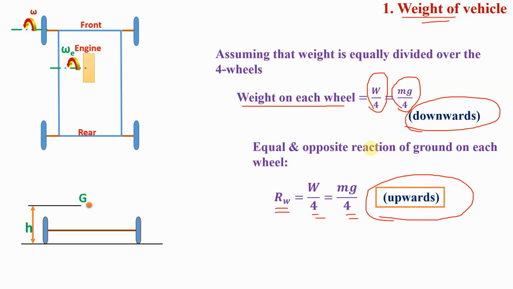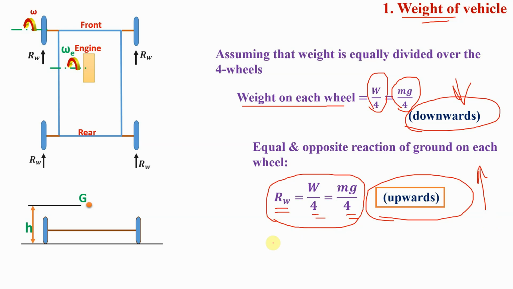The force exerted by each wheel on the ground will be downwards, and the reactions offered by the ground on each wheel will be upwards. And the magnitude of that reaction is W by 4. So we'll represent these reactions on each wheel due to the weight in the diagram using upward arrows.